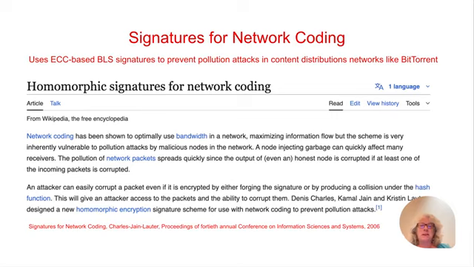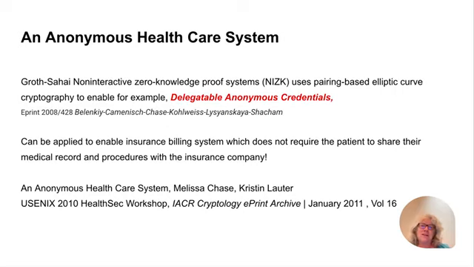So next I'd like to talk about another application, which is kind of interesting, probably not very well known. The BLS signatures enabled a framework, a non-interactive zero-knowledge proof systems framework called the Groth-Sahai framework, which used pairing-based elliptic curve cryptos to enable, for example, anonymous credentials or privacy-preserving credentials, and then as an extension of that, also delegatable anonymous credentials.